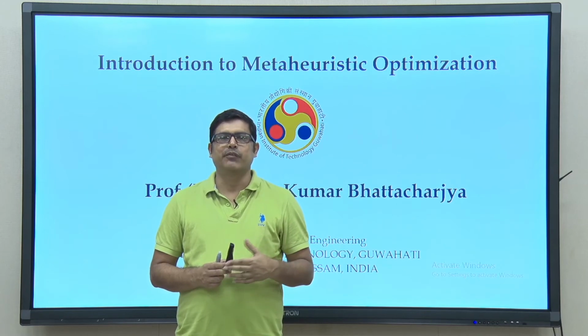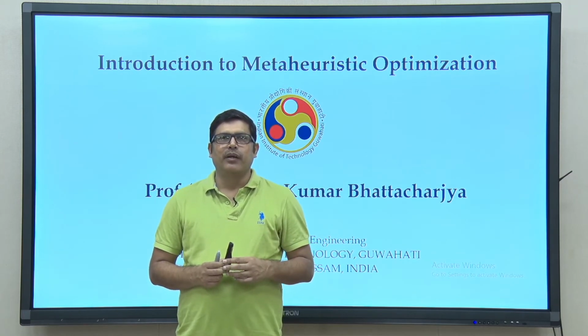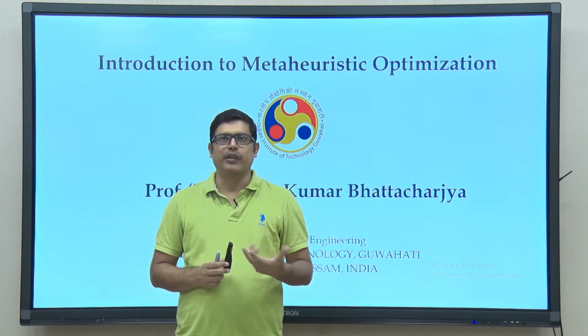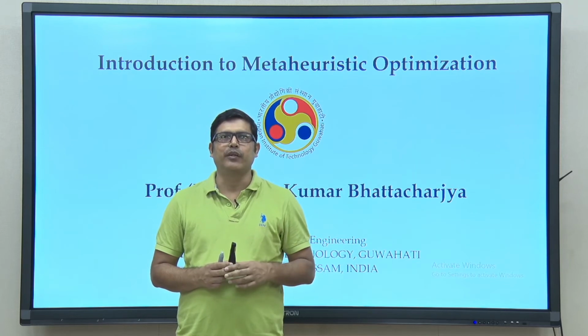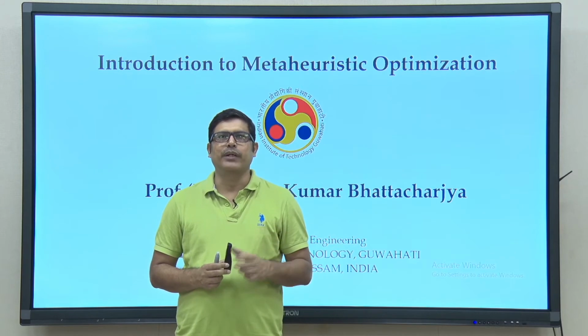We have discussed a few algorithms like Newton's method, the steepest descent method, and the univariate method, as well as the conjugate direction method. Now, you look at these algorithms. The basic assumption when we derived these algorithms was that the function is a convex function.